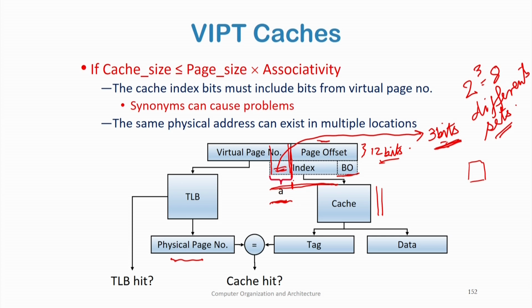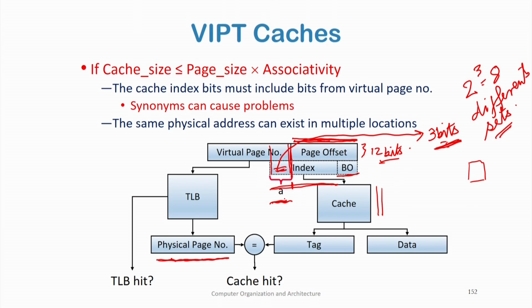For a given physical address, with this part of the address remaining the same, even the physical page number remaining the same, that means I am trying to access the same physical address. However, depending on what the value of these 3 bits are, the block which contains this physical address can go into 8 different sets in the cache.